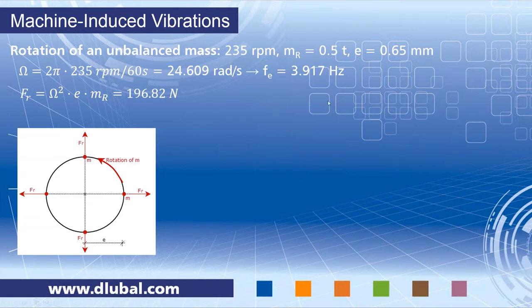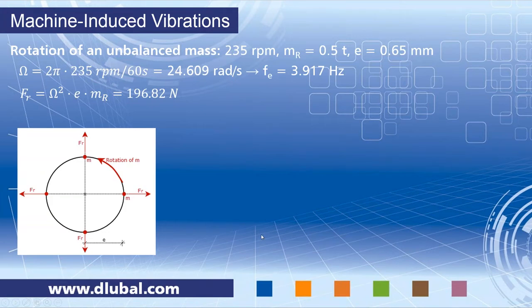So we had a dominant natural frequency in the x direction of 3.9 hertz, and we have also an excitation frequency with the same value. The radial forces are calculated with the given formula here, and we have 179 Newton.